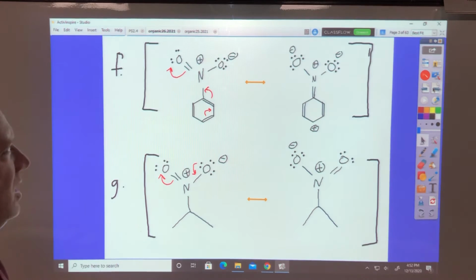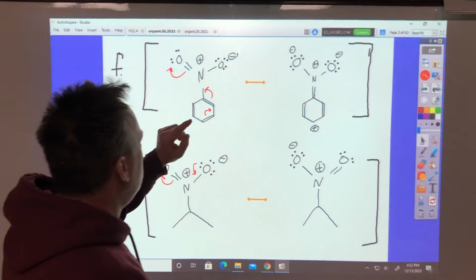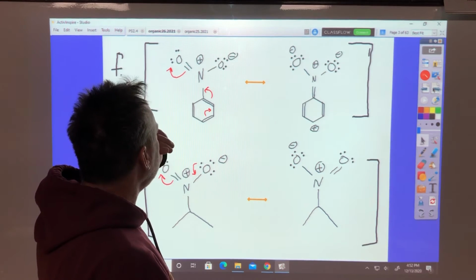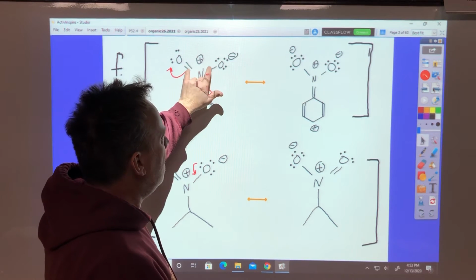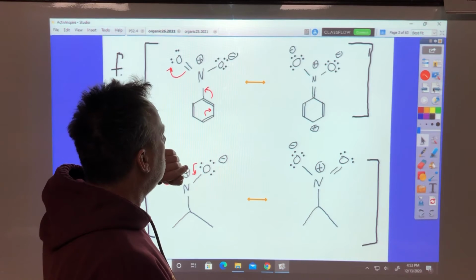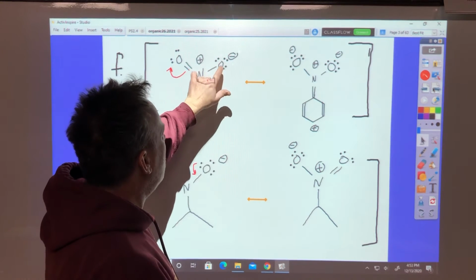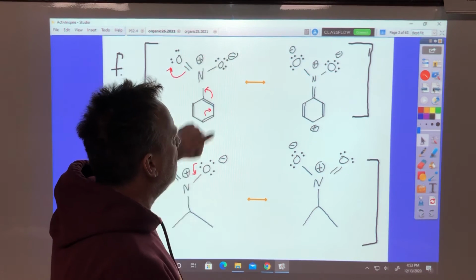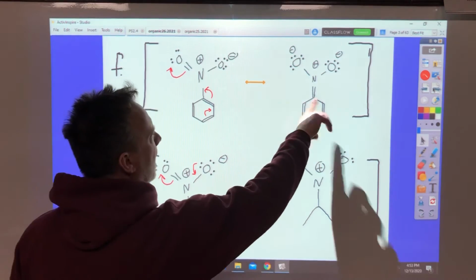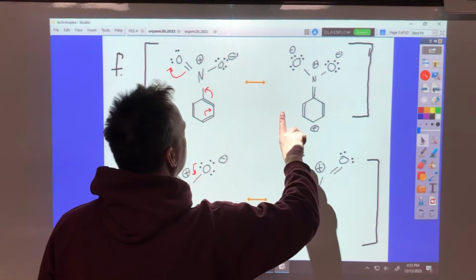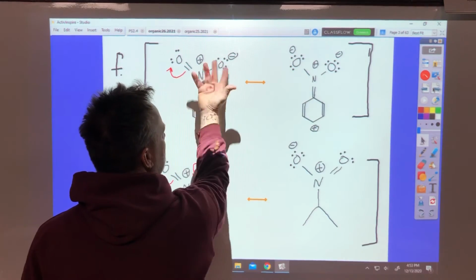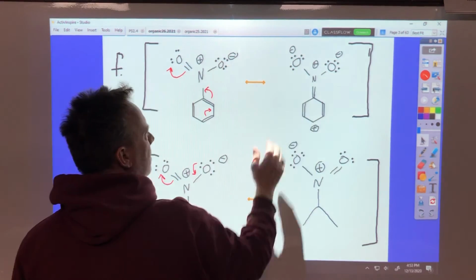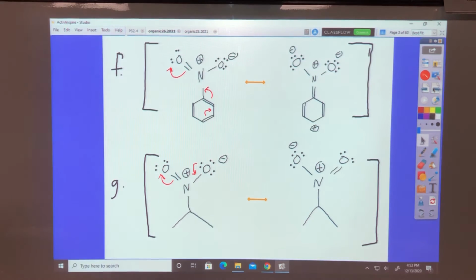The difference is, as you look at it, you're not going to be able to tell which bond has more double bond character, and which one has more negative character. Because if you look at what's going to happen, it can go around the other way. Once it gets to this, it could go this way, or these 2 sides could be reversed. There's nothing preventing that from happening.